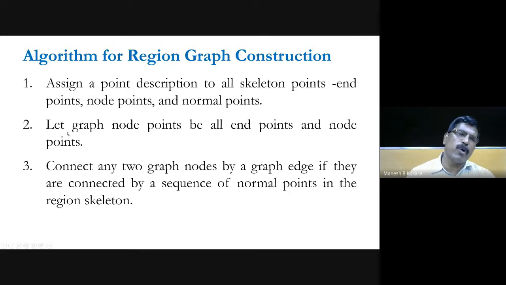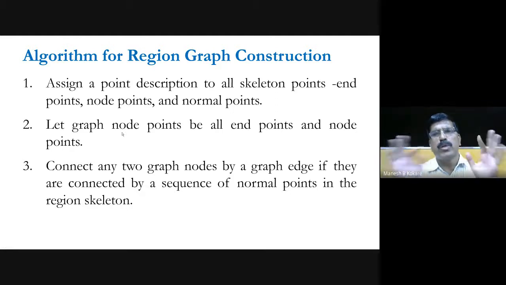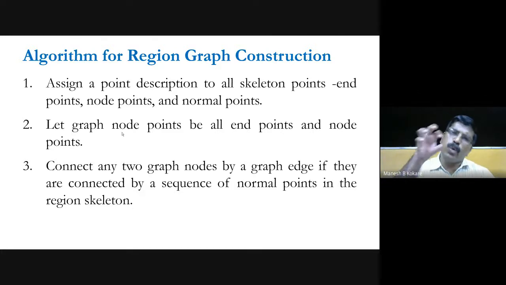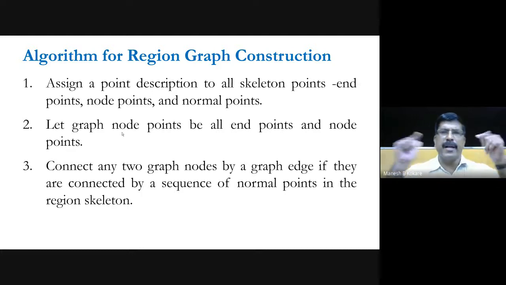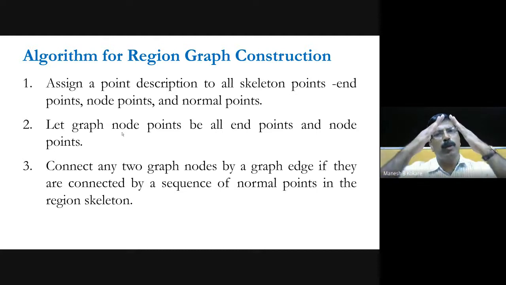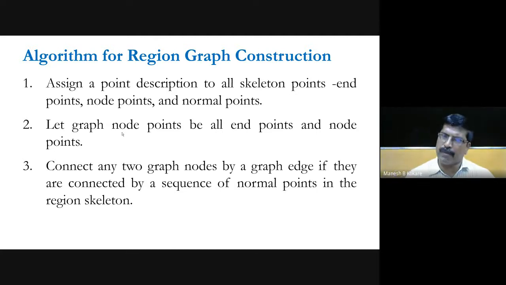The second step is to define the graph nodes. When you say the graph consists of nodes and edges, which points will form the nodes and which points will form the edges? All endpoints and node points will form the nodes in the graph, and all the normal skeleton points will form the edges in the graph, right?